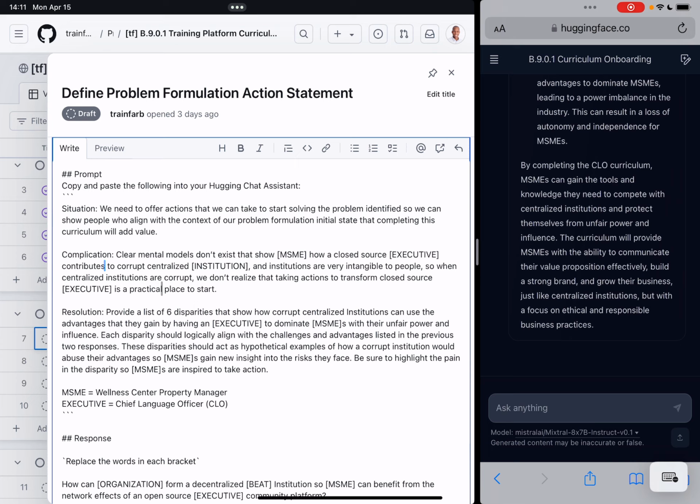And institutions are very intangible to people. So when centralized institutions are corrupt and people don't like the state of their community life, they don't realize that taking actions to transform closed source executives, people don't recognize.